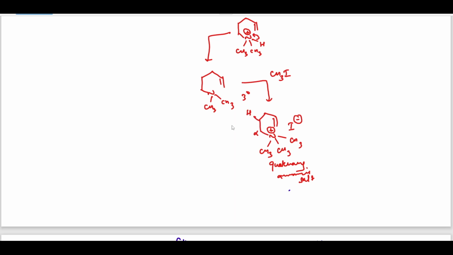So this OH negative will again abstract this proton. These electrons will shift here and from there final product will be this, and one of the product will be tertiary methyl amine.